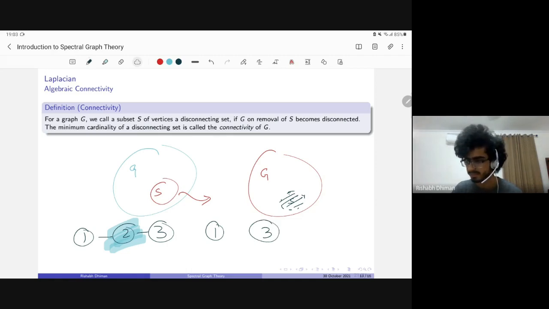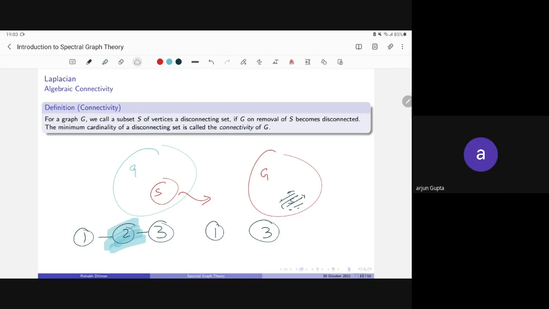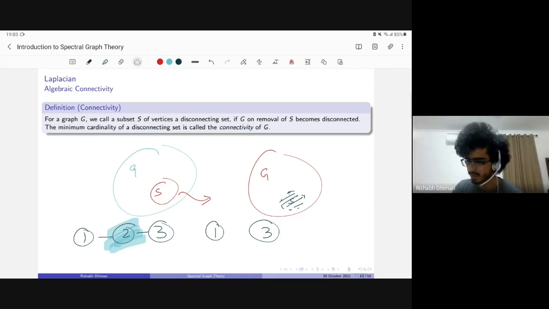Okay. Further, now I consider all these disconnecting sets. I didn't get this removing two stuff. Yeah, so here I consider this graph 1, 2, 3. Then I chose the vertex 2 and I removed it from the graph. When I say remove it from the graph, I remove the vertex and all the edges connected to it, and you'll be left with this graph.